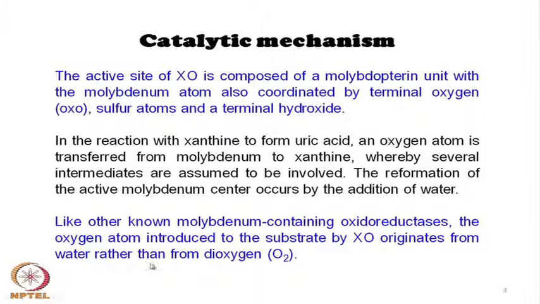But in some cases this dioxygen is not involved, unlike our iron bearing and copper bearing systems, where iron is bound to the dioxygen molecule and copper is also bound to the dioxygen molecule for the hydroxylation reaction.